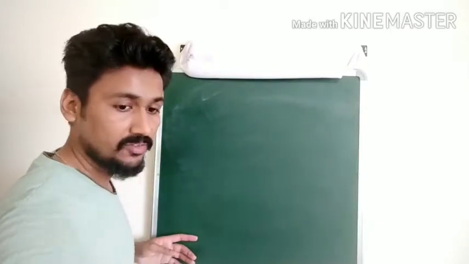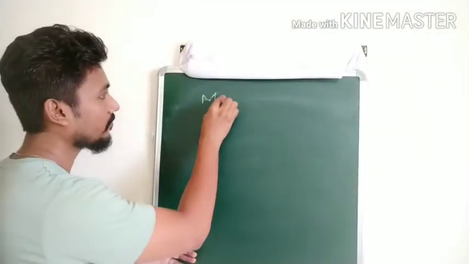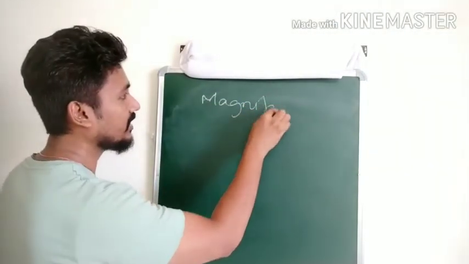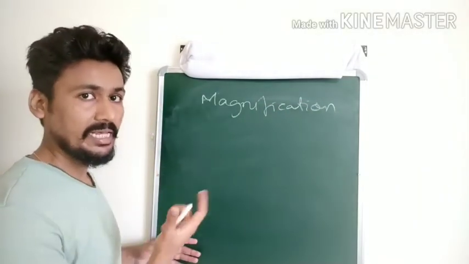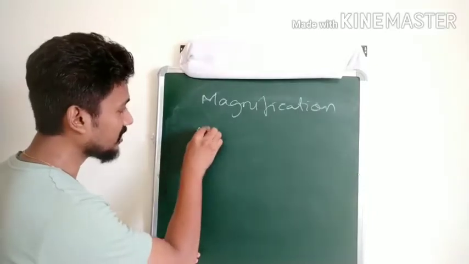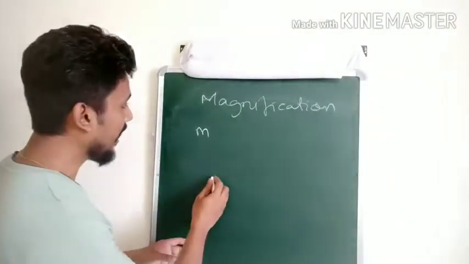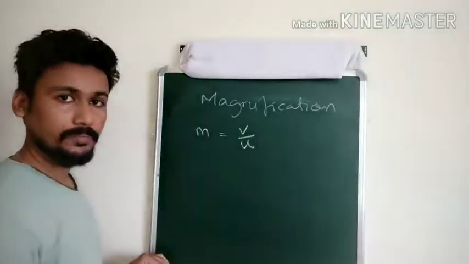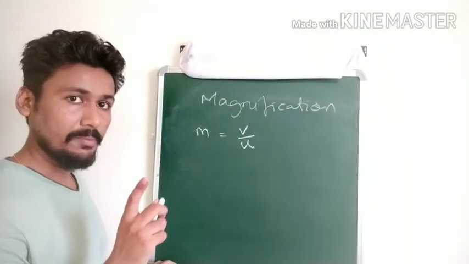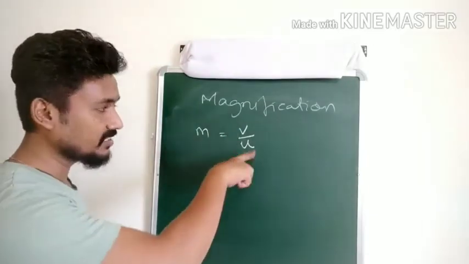Next is the formula for magnification. Magnification gives us an idea about how much the image is going to be magnified. The magnification is denoted by the symbol M, and the formula for magnification is v upon u. I hope again you remember, in the case of mirrors it was minus v by u.